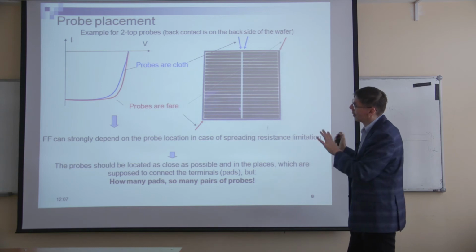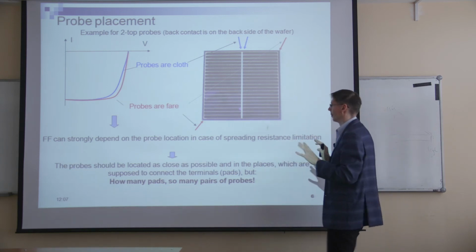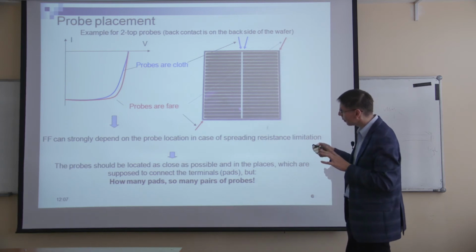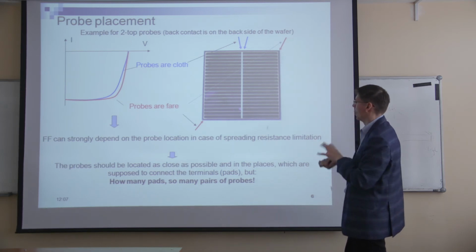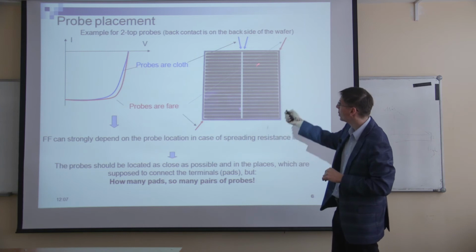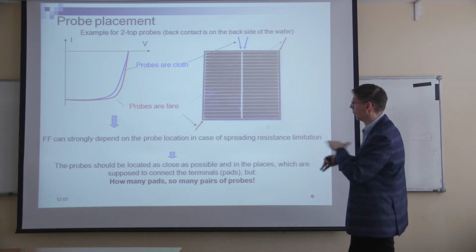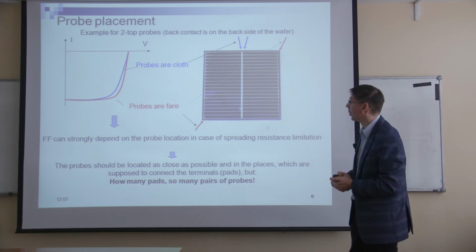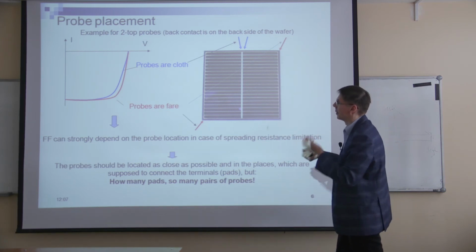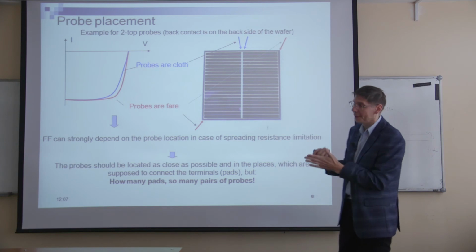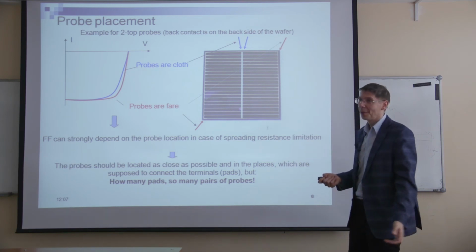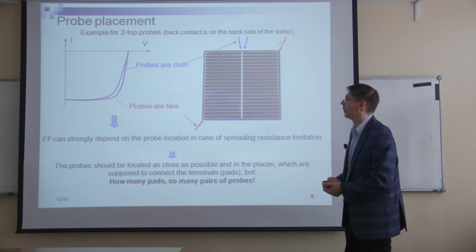And actually, it's some kind of example for a heterojunction solar cell with the ITO top layer and metallic grid. So I mean, it could be real. The case is the difference in the fill factor, and the question is, which measurement is correct?